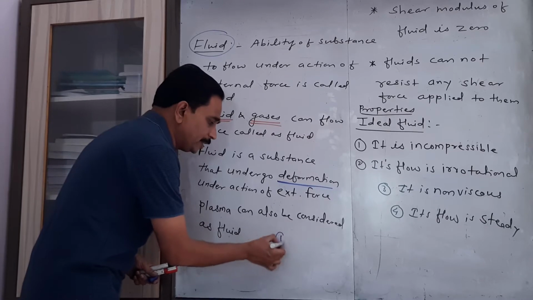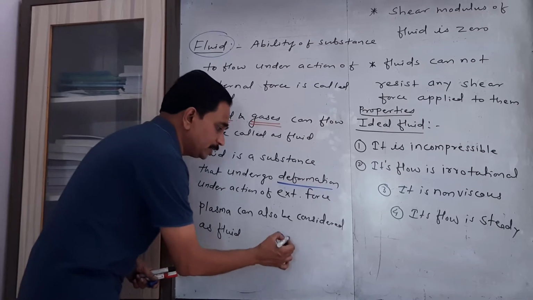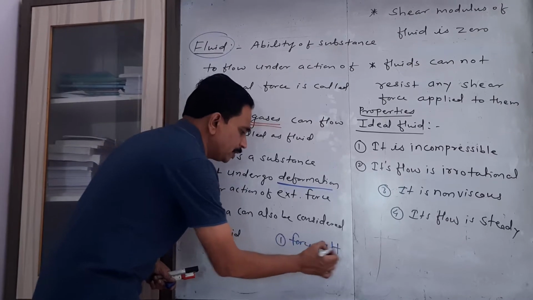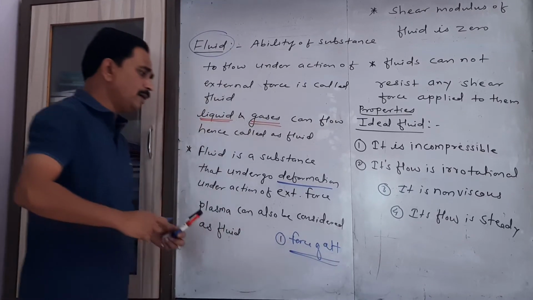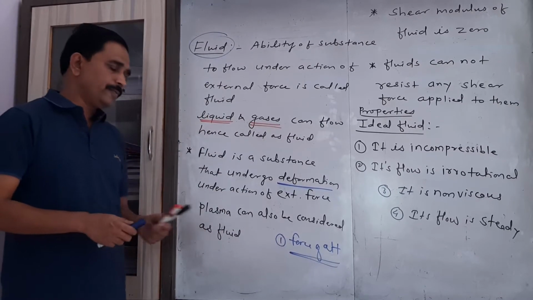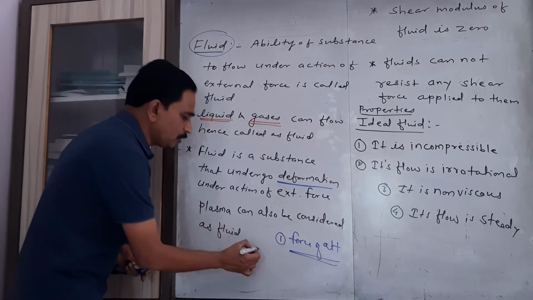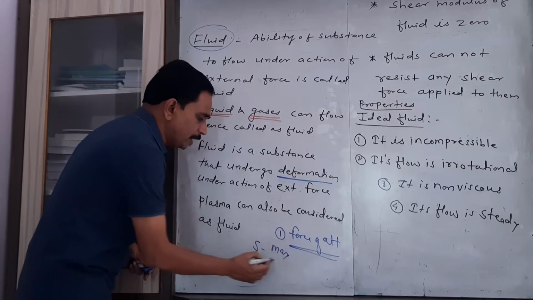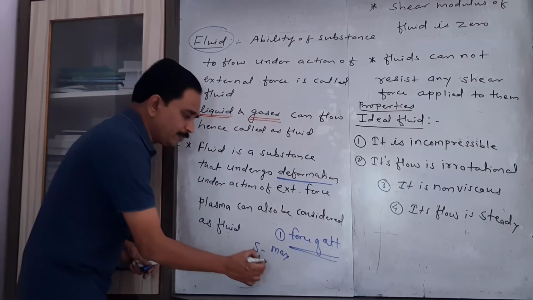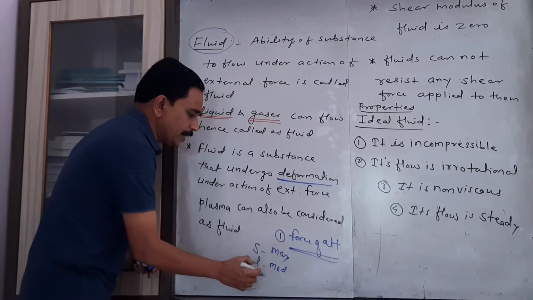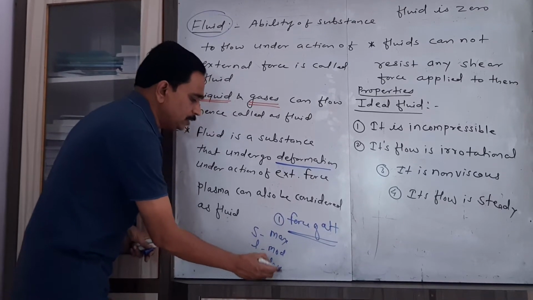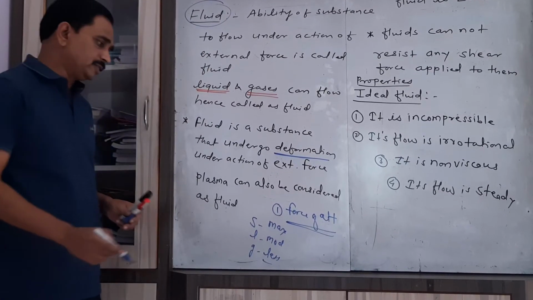To explain this, we have to consider the concept of the force of attraction that exists between two molecules. You know that in the case of a solid, the force is maximum. In the case of a liquid, that force is moderate. In the case of a gas, the force is least, that is, minimum.